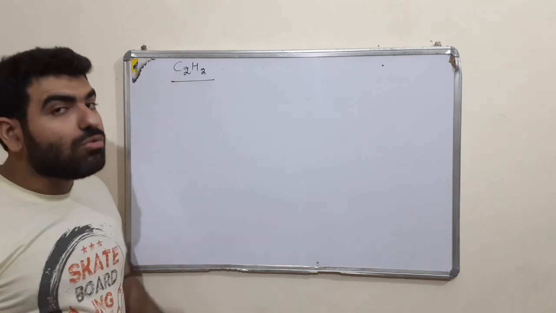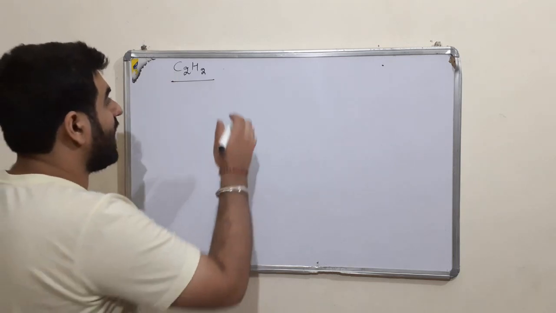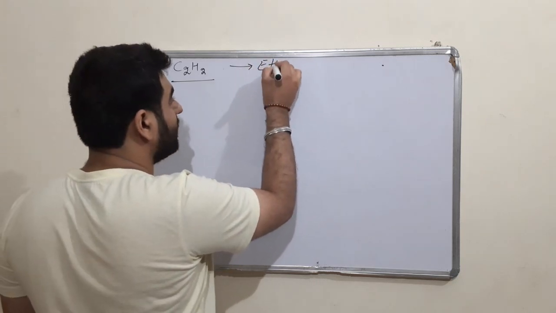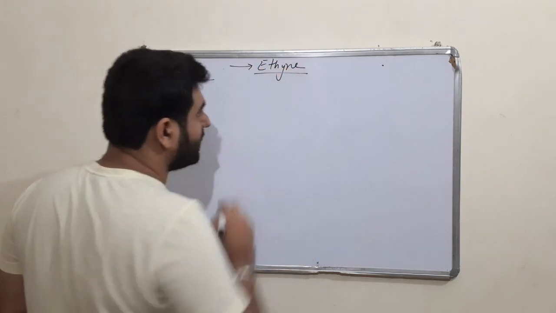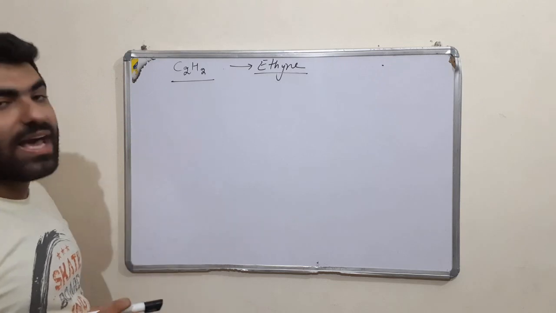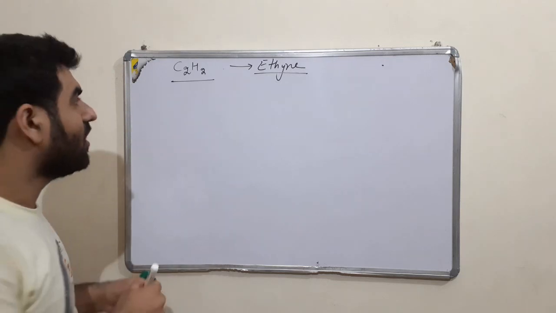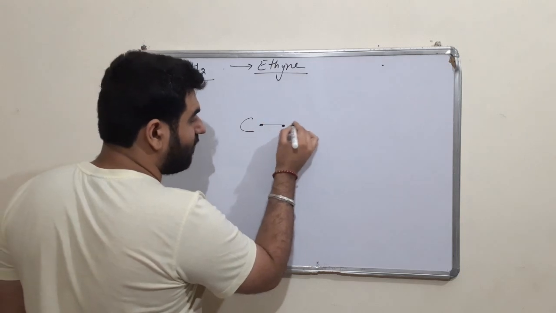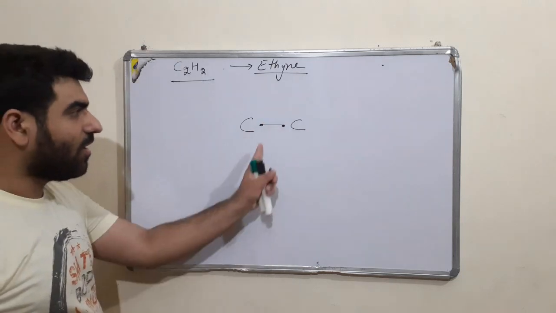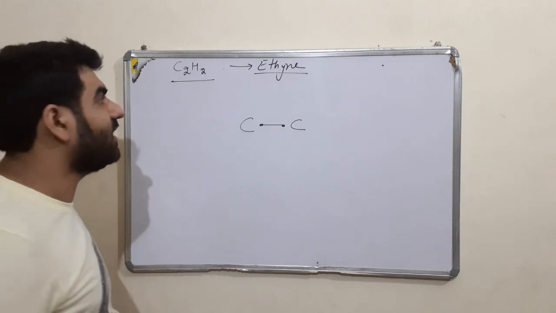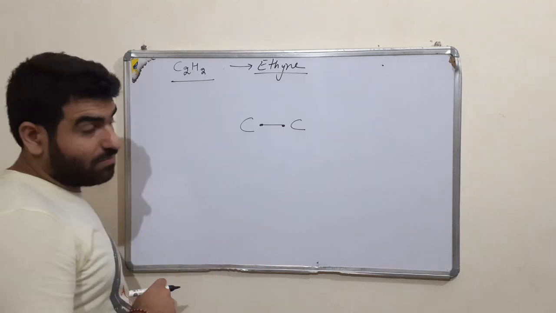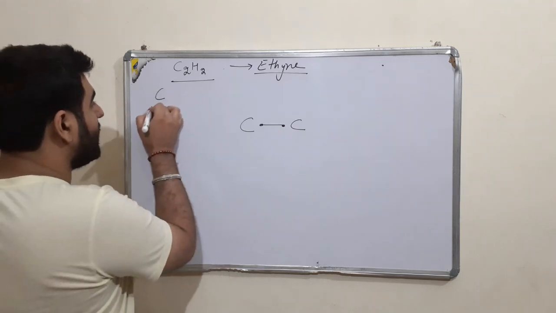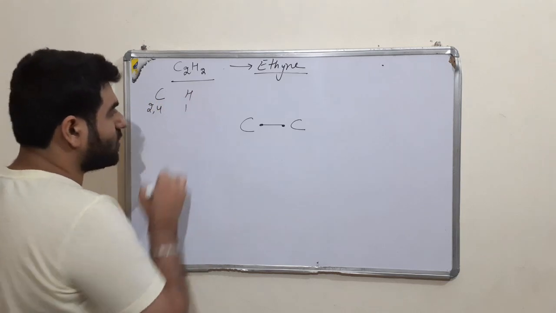We require only 2 carbon and 2 hydrogen, and its name is ethyne. You need not remember this. Alright, the name is ethyne and the formula is C2H2. So we require 2 carbon, 1 carbon and the other carbon will always be in this bond formation, which is the property of self-catenation. 2 hydrogen. So carbon is 2, 4, hydrogen is 1.